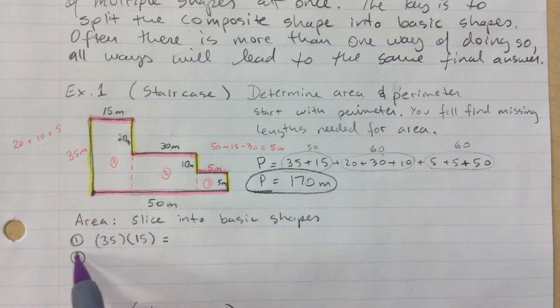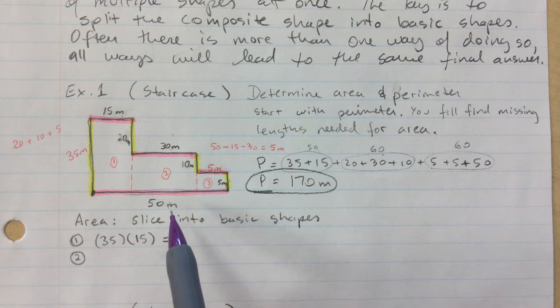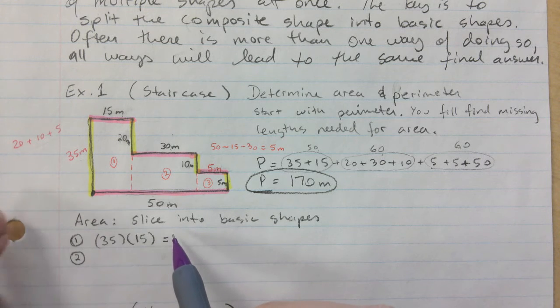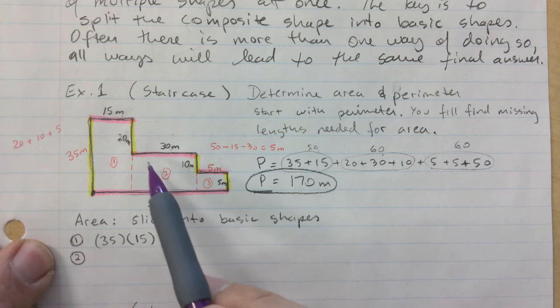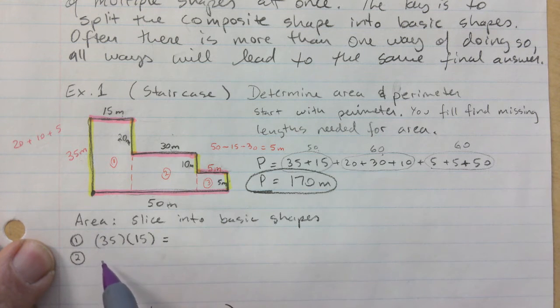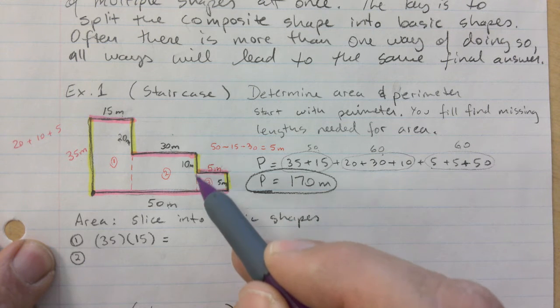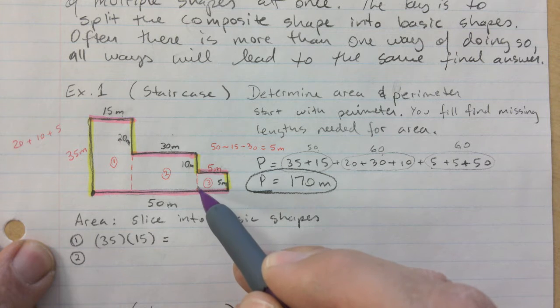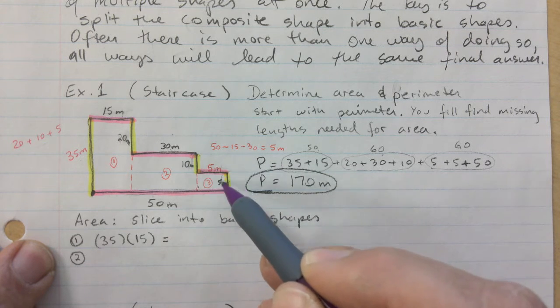For the second rectangle here, what are the dimensions of it? You got to be careful here. Pay close attention. This is 30, so you want the 30. But what about this? From that end to this end, what is this? Well, we know that this is 10 and this is 5.